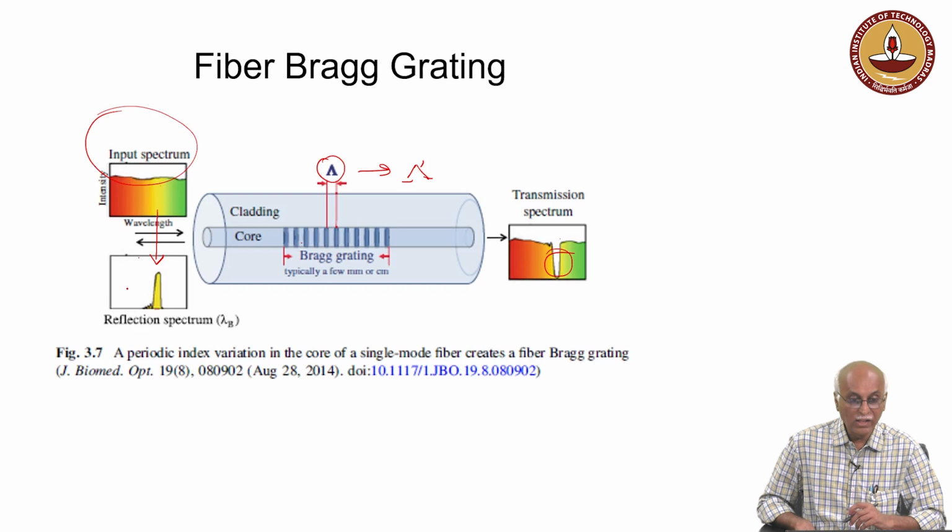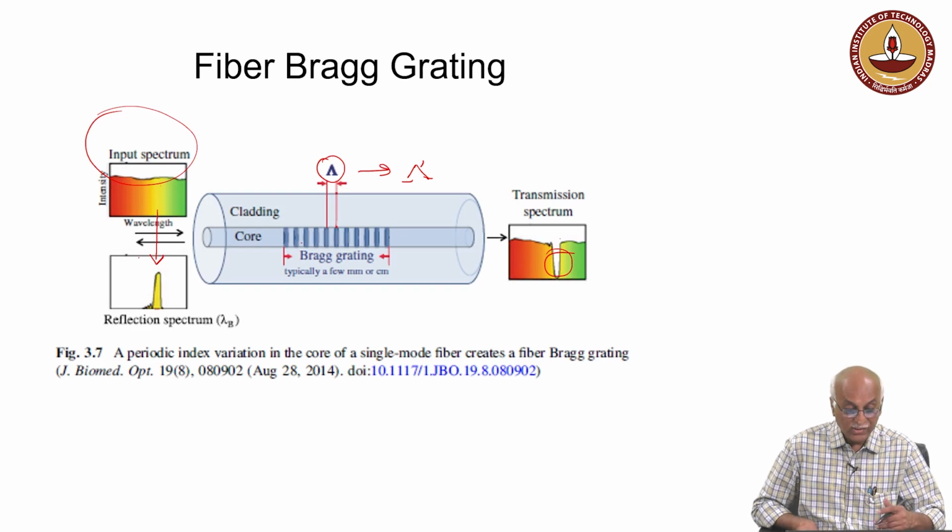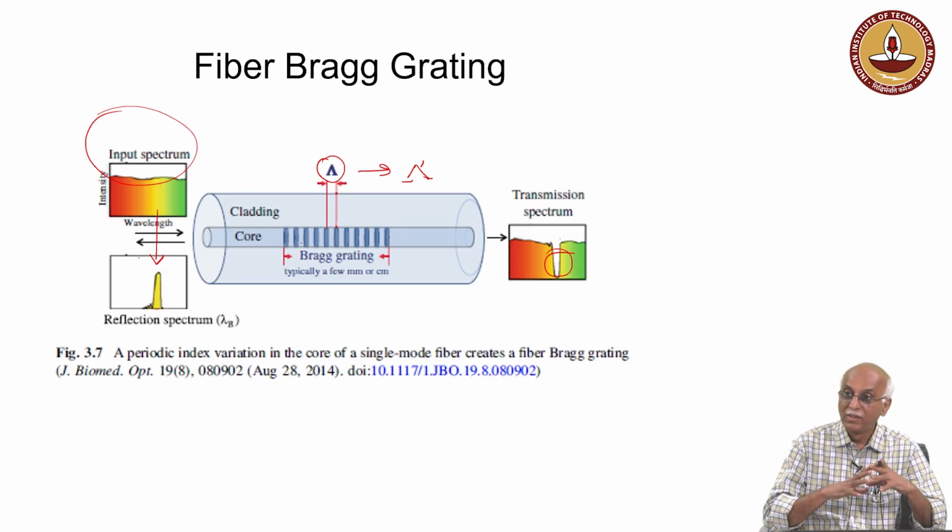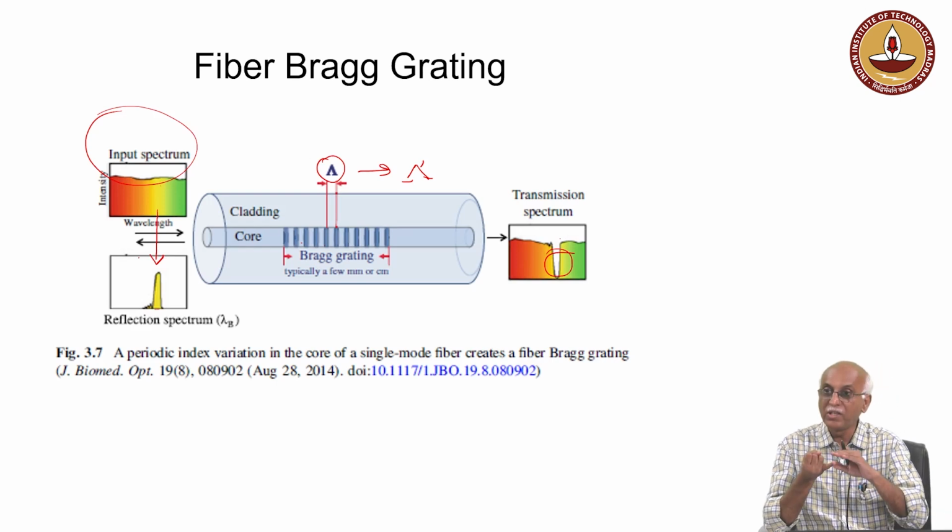So these are the various ways which can be used along with optical fiber waveguide structures to get information about change in length, change in refractive index, change due to strain, pressure, or temperature.